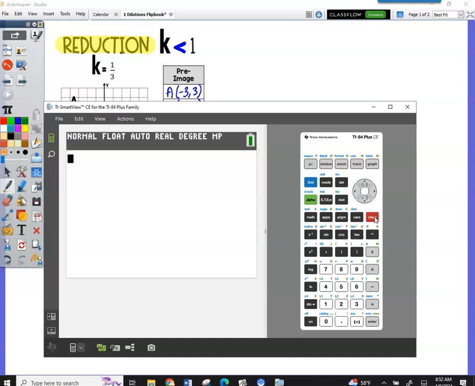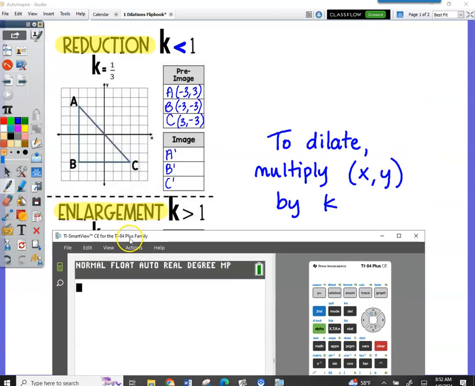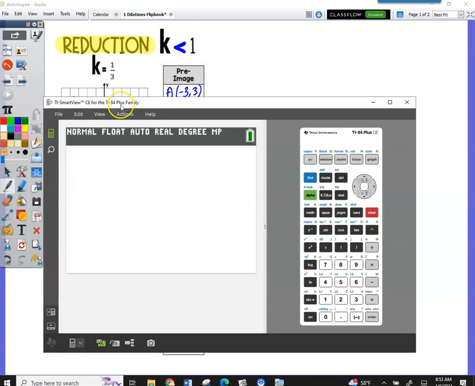I really only have to do this, if you think about it, one time, because what are all the numbers in this pre-image? It's 3. It's either positive 3 or negative 3, which is just a difference in sign. Alright, so I'm going to multiply that, negative 3, by k. K is 1/3. There's two ways to type 1/3.